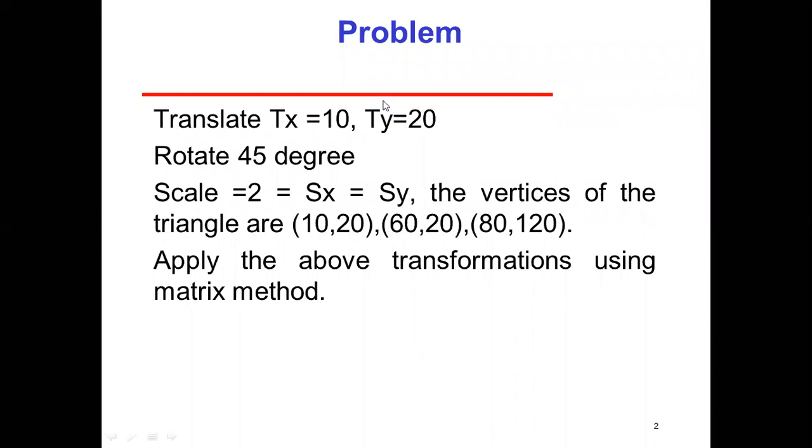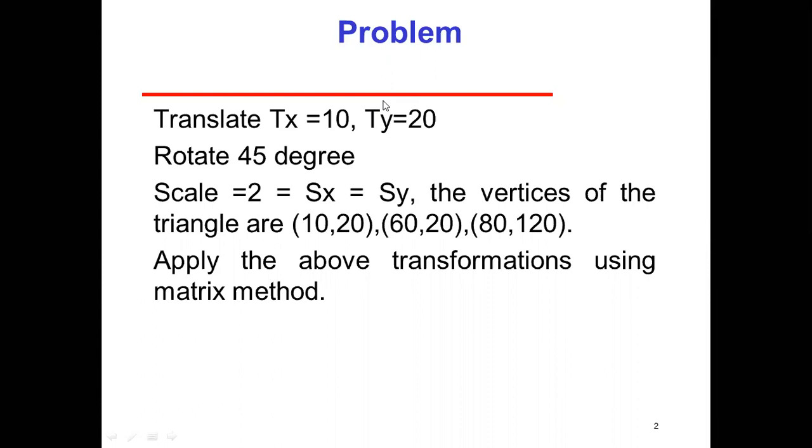We write equal sign, then X, Y, 1 in square brackets, followed by the translation matrix. What is the translation matrix? 1 0 Tx, 0 1 Ty, and then 0 0 1. We will use a 3 by 3 matrix, where the last row is 0 0 1.